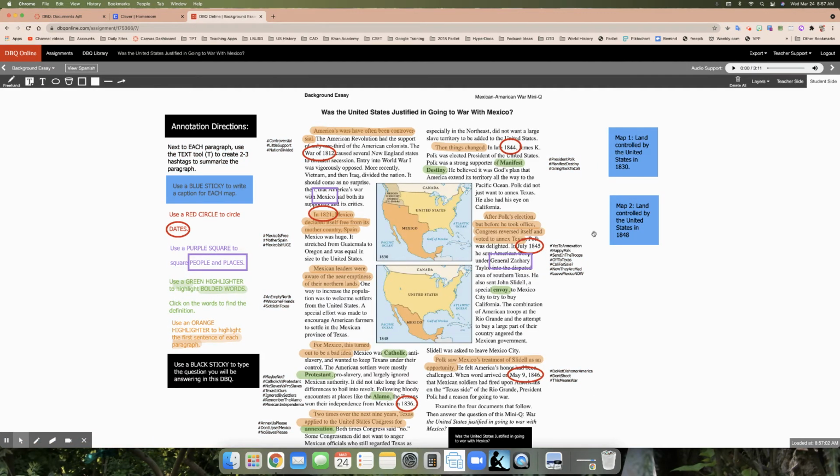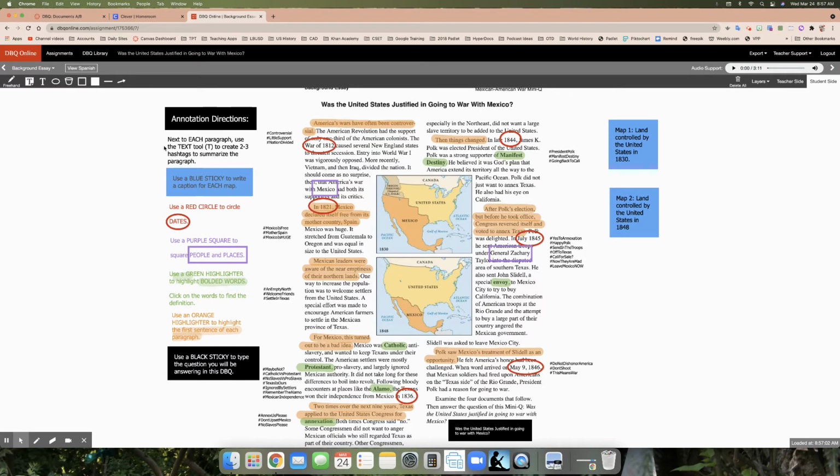And then I wanted to show you what a finished version of the background essay would look like. So I have next to each paragraph, I've got my hashtags. Some of the hashtags only required 2 or 3, and then some of them required a little bit more because it was a longer paragraph with more information.